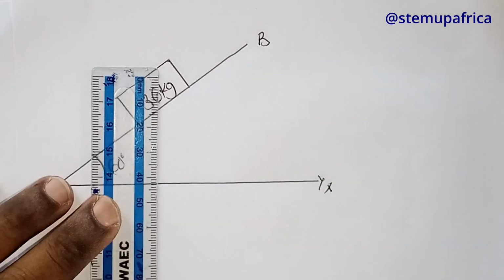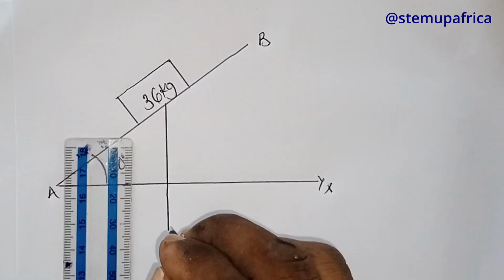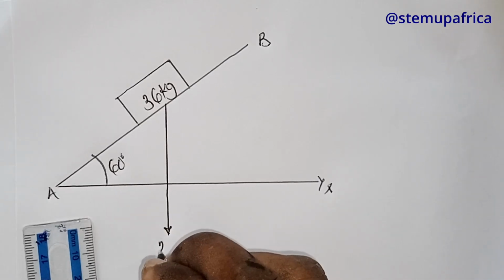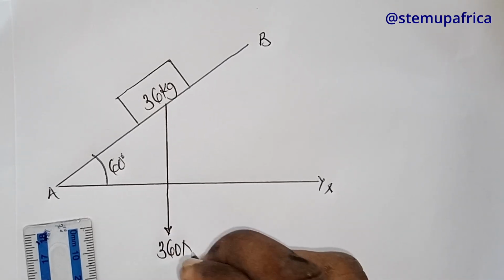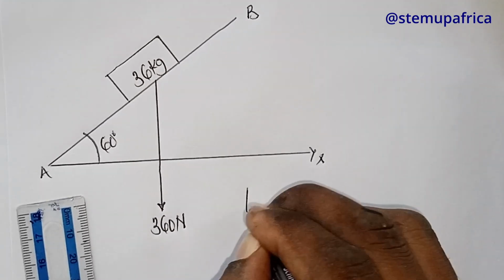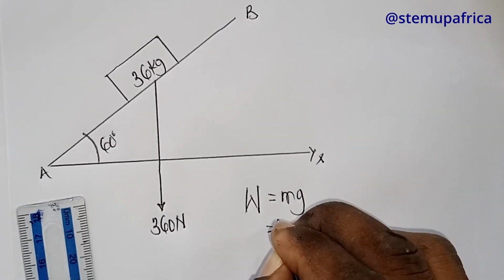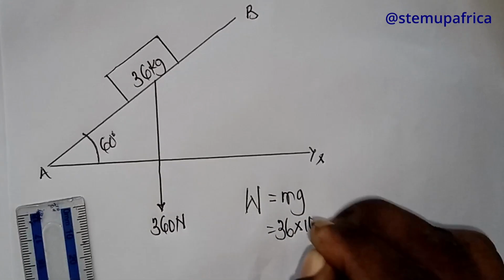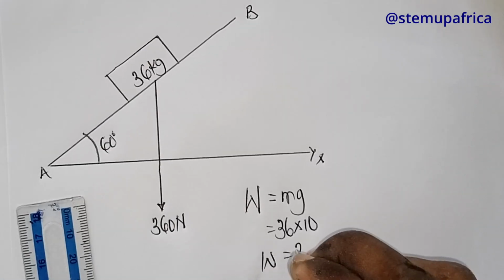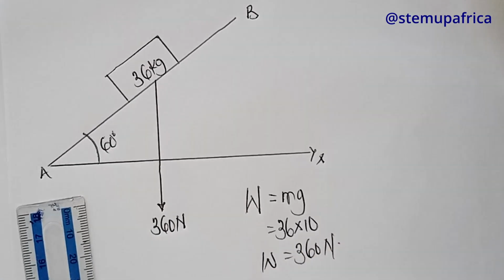That will give us the weight of the particle. The weight is simply mg, which is 36 times 10, so the weight is 360 Newton.